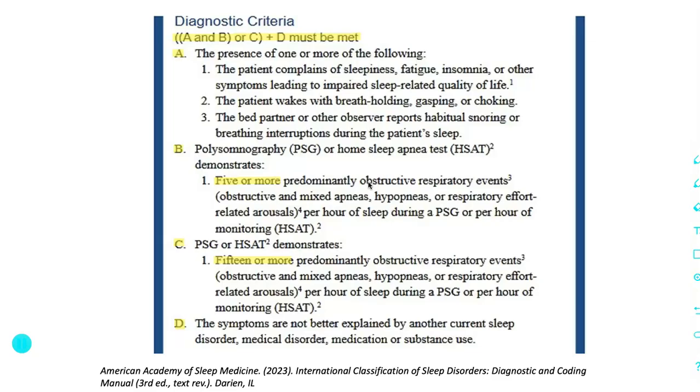And these are not better explained by any other current sleep disorder, medical disorder, medication, or substance use. Or C, which is PSG or HST showing 15 or more predominantly obstructive respiratory events, with D, which is that the symptoms are not better explained by another current sleep disorder, medical disorder, or medication or substance use.